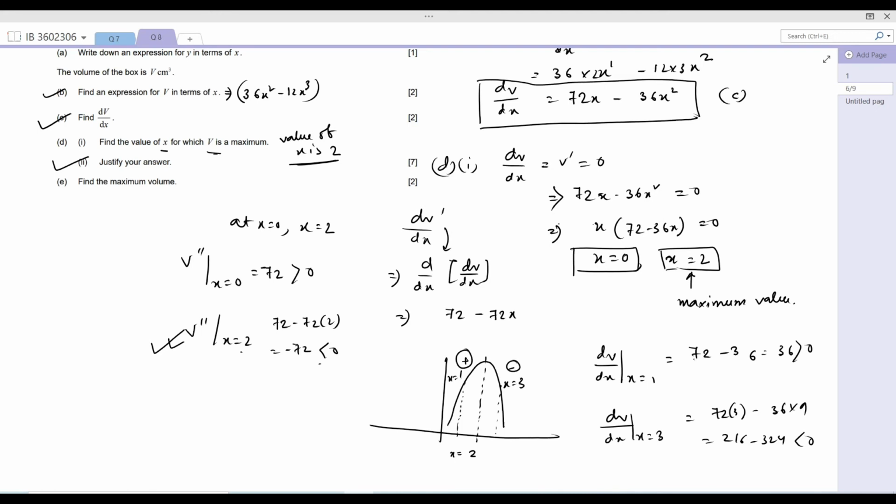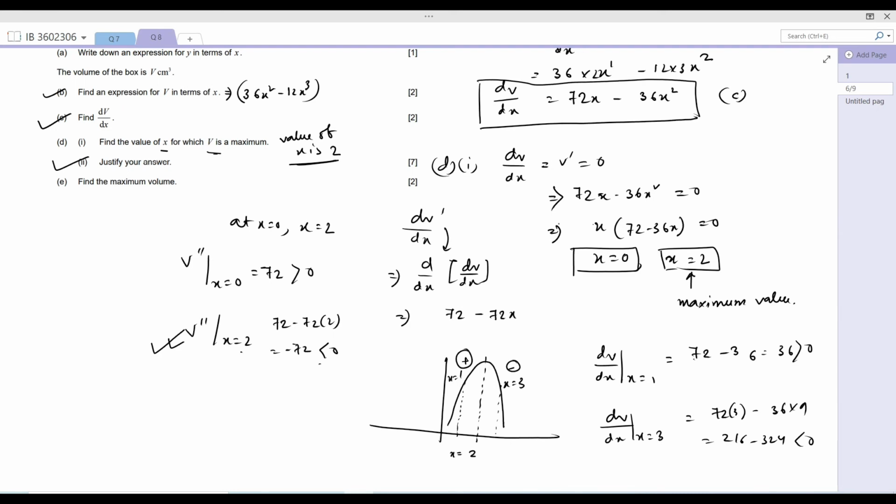At x equals 0, V double dash is greater than 0, and at x equals 2, V double dash is less than 0. Always remember: if V double dash is less than 0 at a critical point, the function has a maximum there, and at x equals 0 the function has the minimum value.